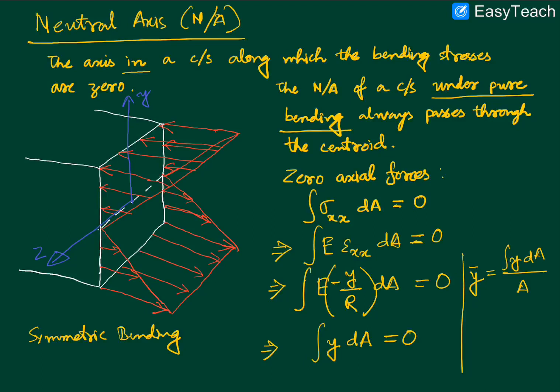What I mean is the very simple picture which we are all accustomed to seeing from our undergraduate days, where repeatedly we used to draw diagrams like this, that we consider the cross section to be like this, and we drew our stress distribution like this.